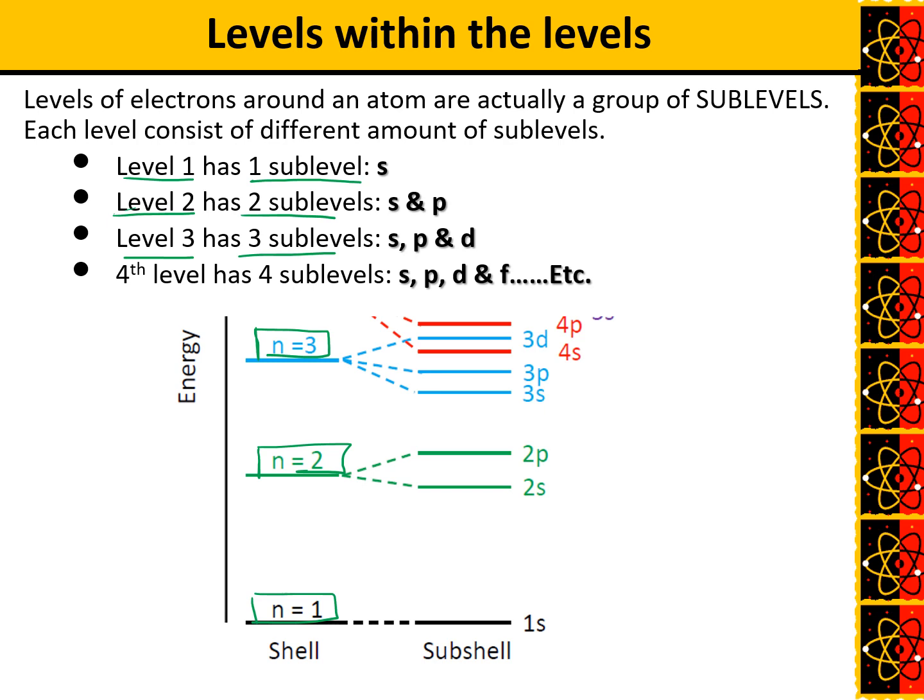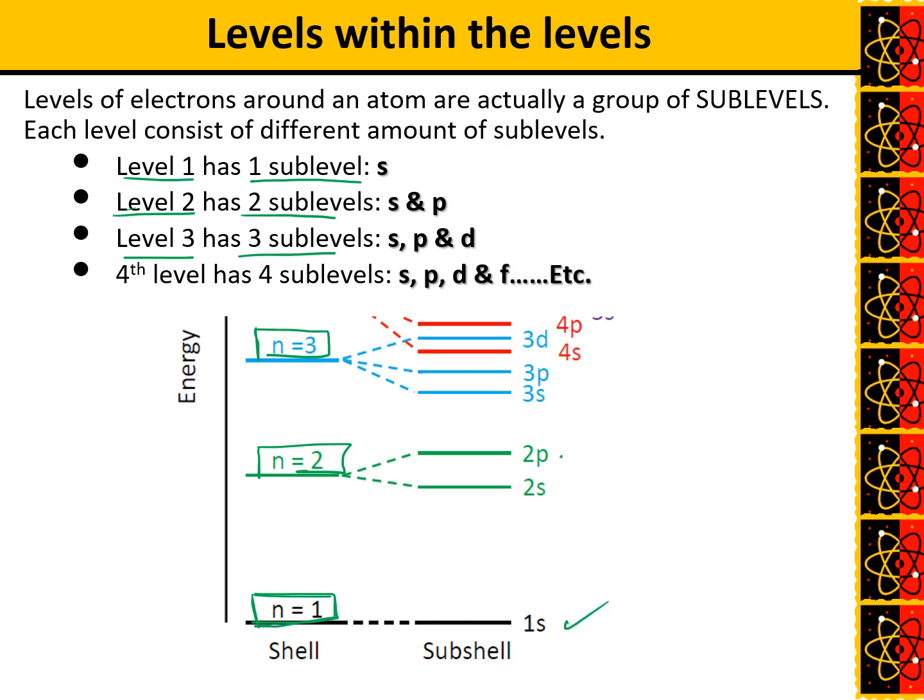The number of sublevels is going to keep increasing as I go up. And the problem is that they are getting closer and closer. You saw that in the prior slide. So what happens is this: layer number 1 is going to have only one sublevel.